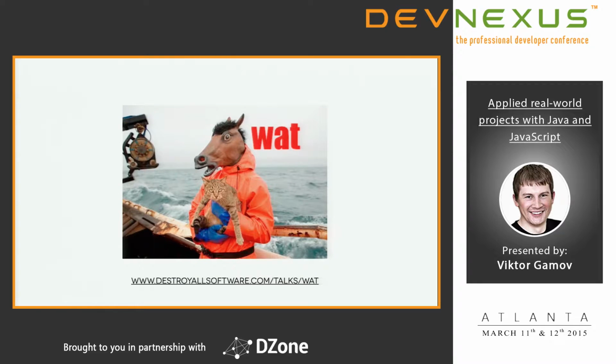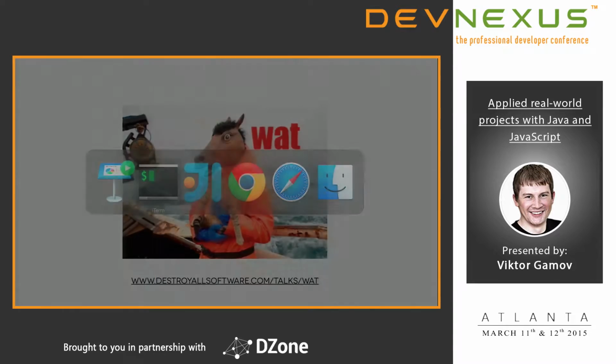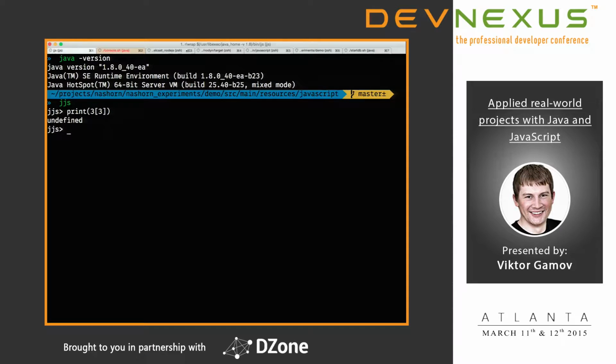It's called the Wat talk, and you definitely want to check it out after. It's pretty cool and pretty entertaining. And the more important point from the previous slide is that right now we ran JavaScript inside Java, which I think is actually pretty cool.